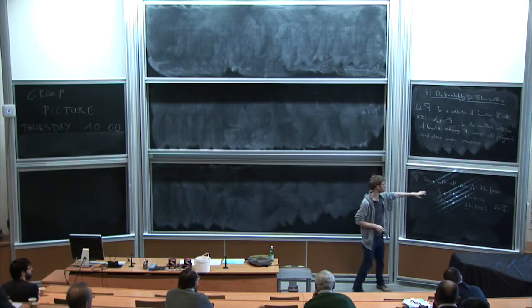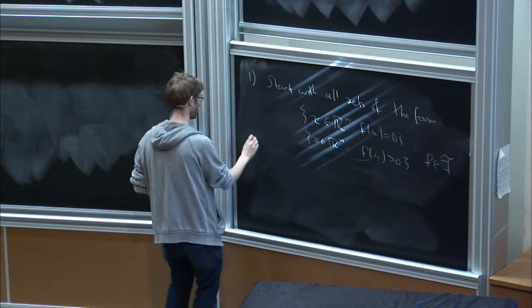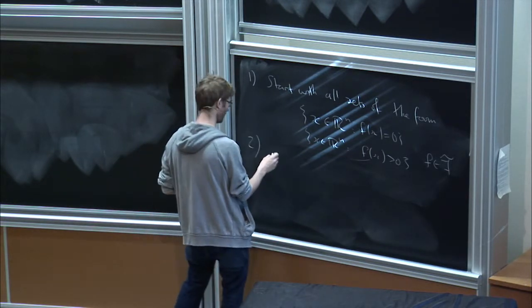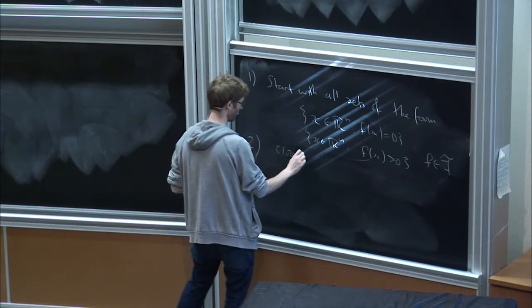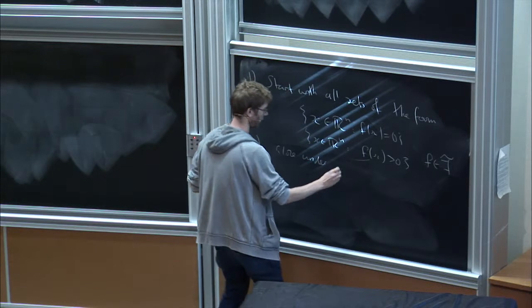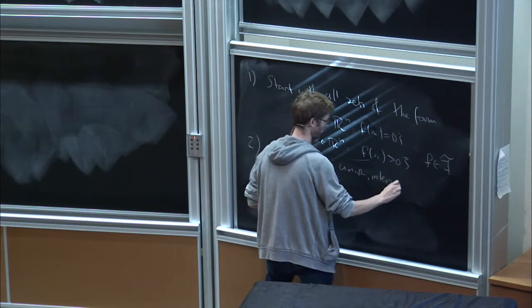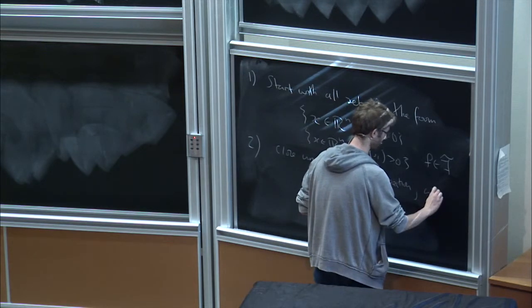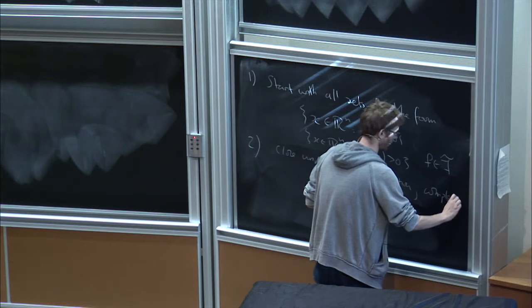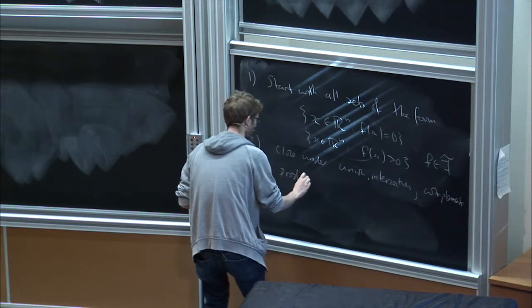So these are analogues of semi-algebraic sets, and then take closure under union, intersection, complement, and products, Cartesian products.